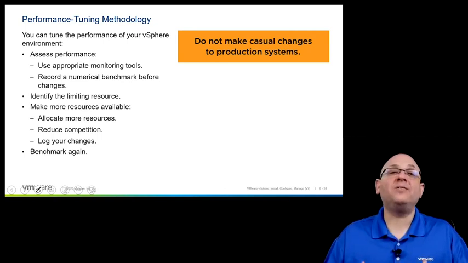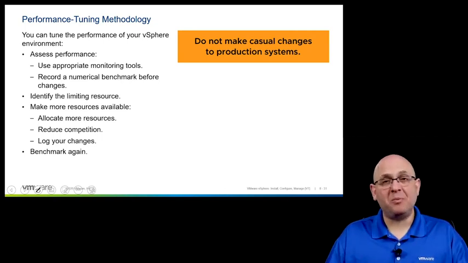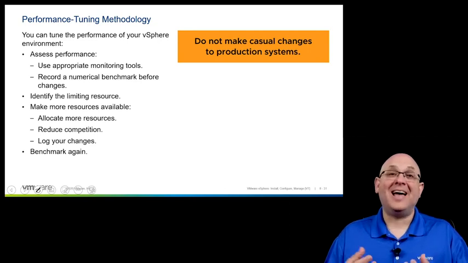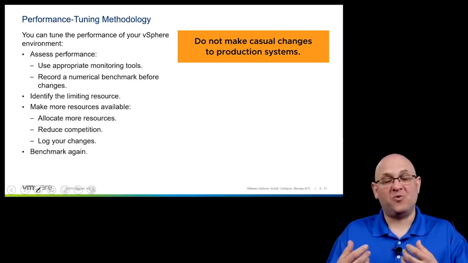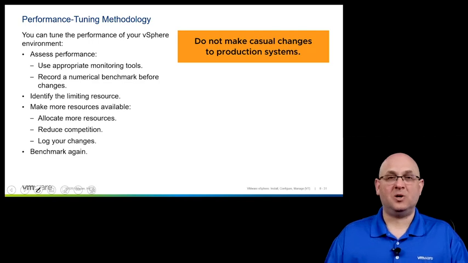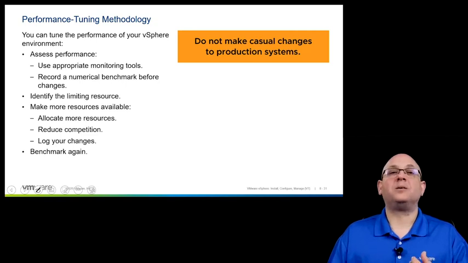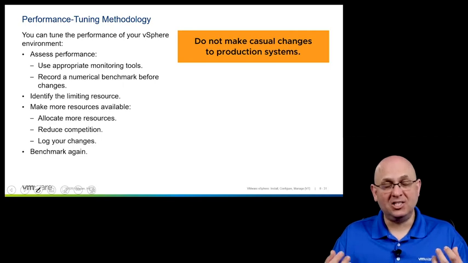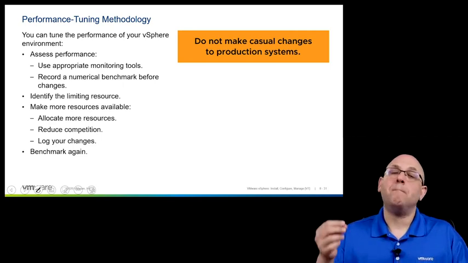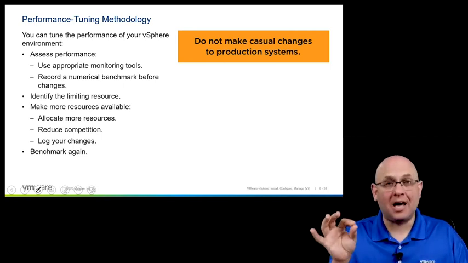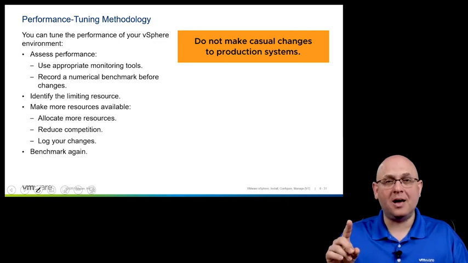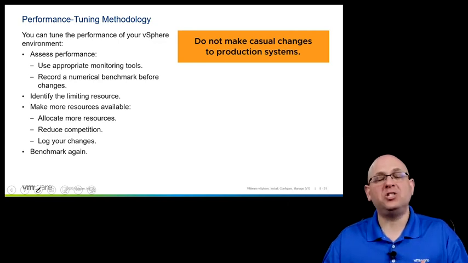You should have good change management practices in your environment and ensure, of course, that you follow those practices so that you're able to identify a limiting resource, make some proposals about how to alleviate that contention in the environment, make one change at a time, please, and then go back and re-benchmark.